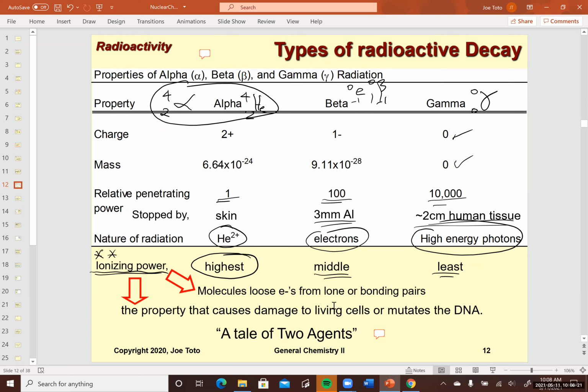One of the stories I think your textbook might talk about is the tale of two agents. And you can look this up. They're KGB agents. One in 1957 was poisoned by a radioactive source that gave rise to beta particles, which are high energy electrons.